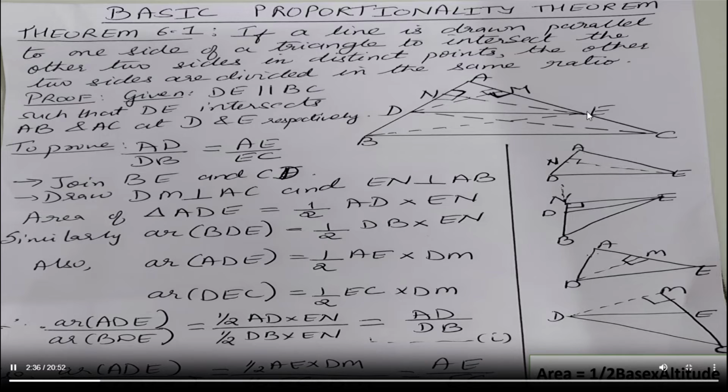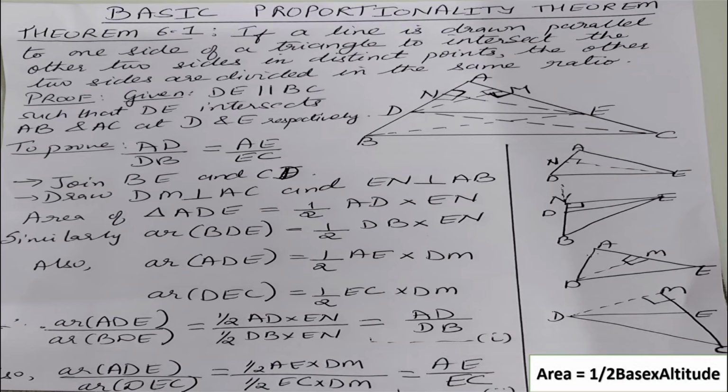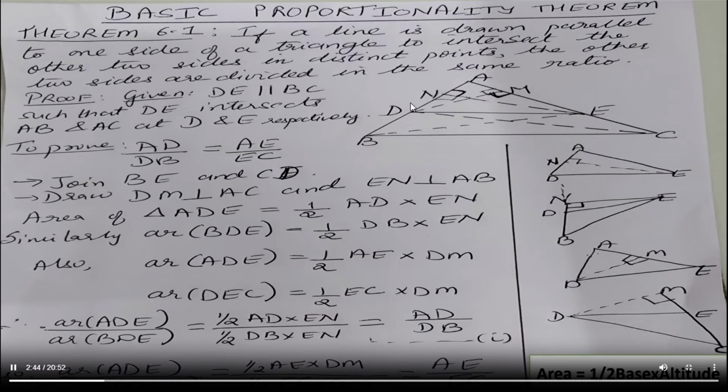I have drawn the three triangles on the right hand side just to understand how we get the area. Area of triangle BDE is equal to half DB, which is the base, into EN. Now remember the perpendicular is outside the triangle. EN we have drawn perpendicular. So for area of triangle BDE it will be equal to half DB into EN.